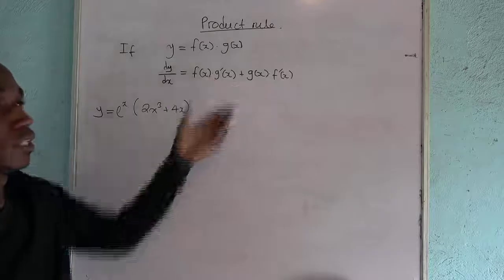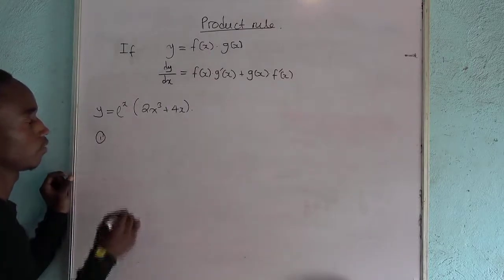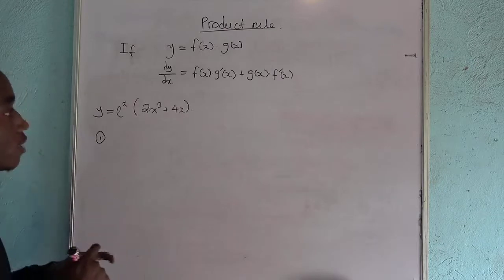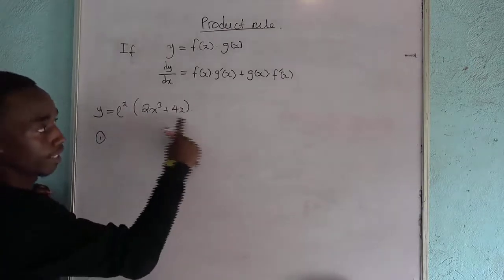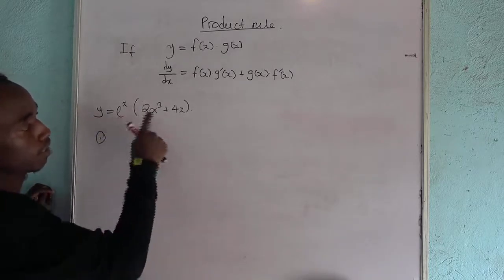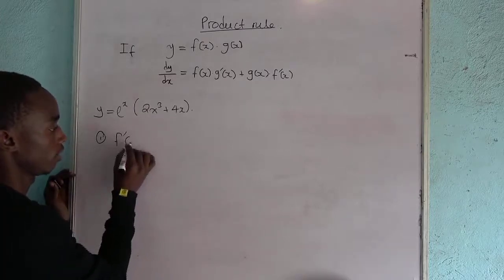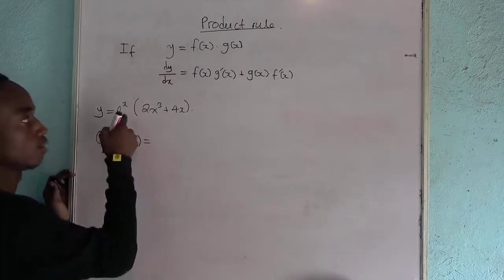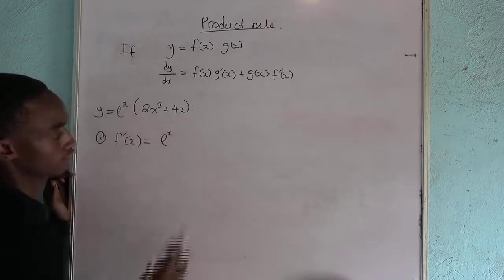For this one, the first thing we are going to do is consider that we have this function multiplying with that function. So we can treat one of them as f of x, the other one as g of x, so that f prime of x, based on this one, we are going to get that.